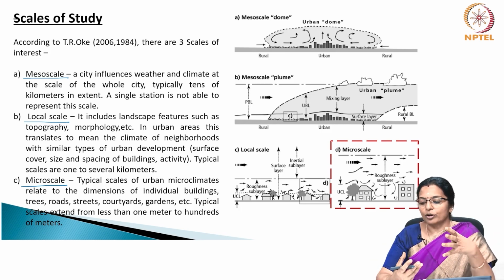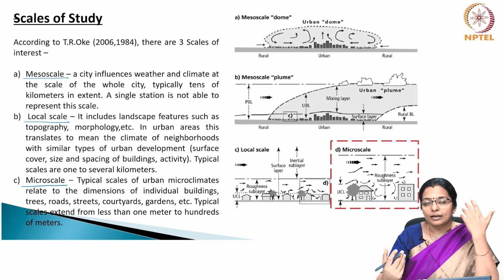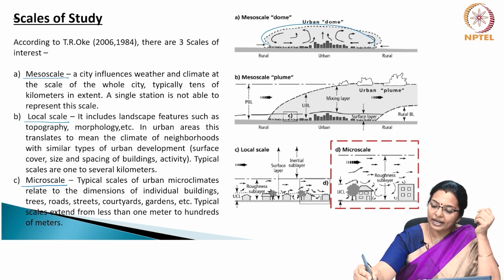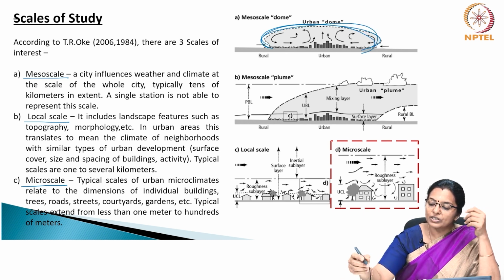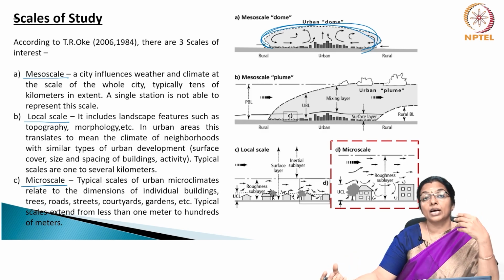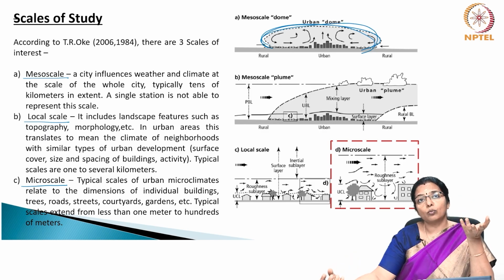This is very important because the urban heat island in this area can form an urban dome, and an urban dome which is very hot. In a hot and humid climate, what happens?